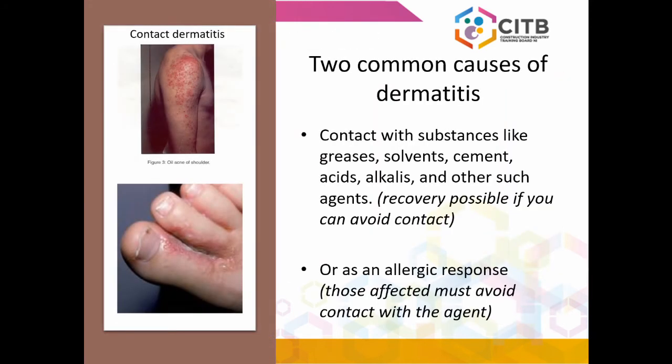Two common causes of dermatitis: contact with substances like greases, solvents, cement, acids, alkalis, and other such agents. Recovery is possible if you can avoid contact. Or as an allergic response, those affected must avoid contact with the agent.